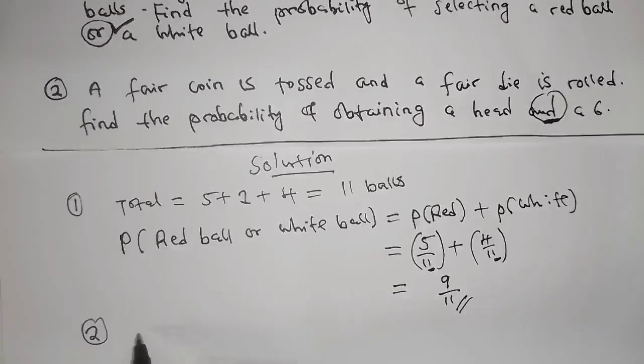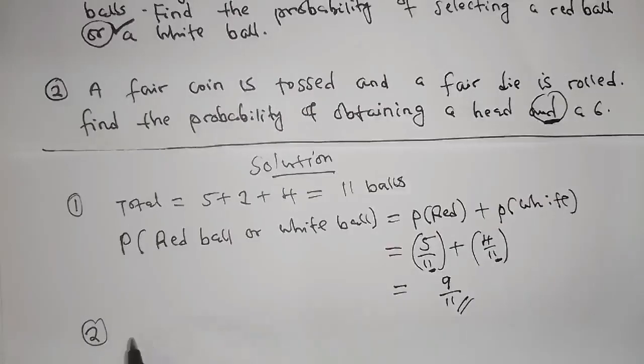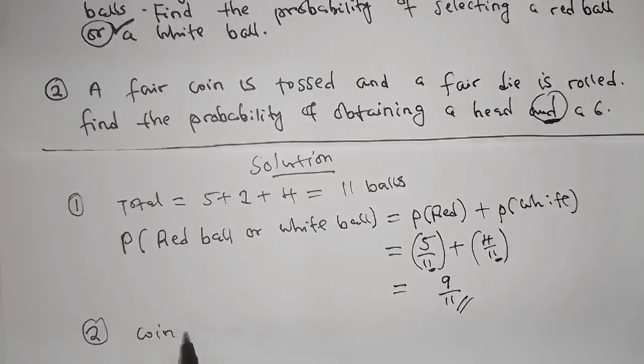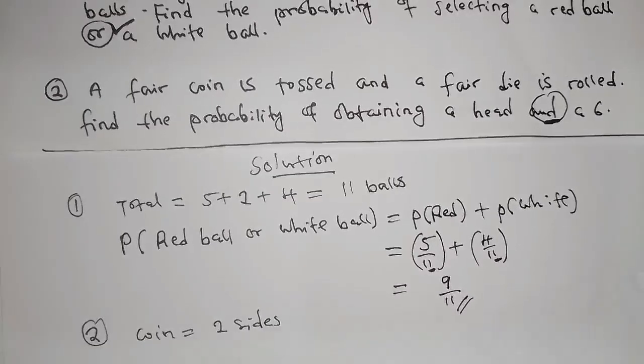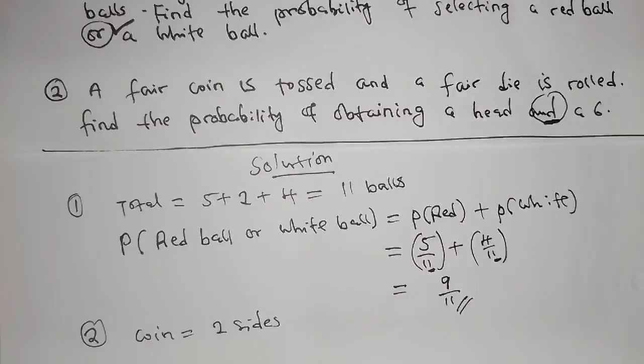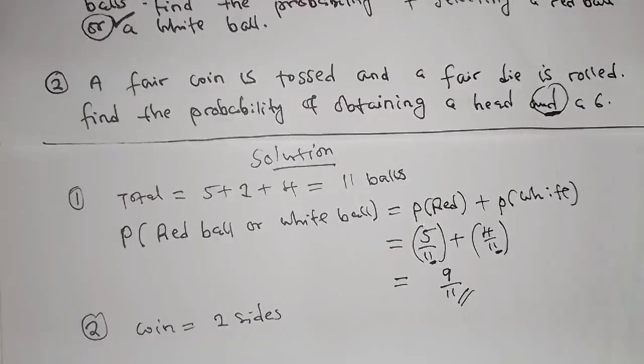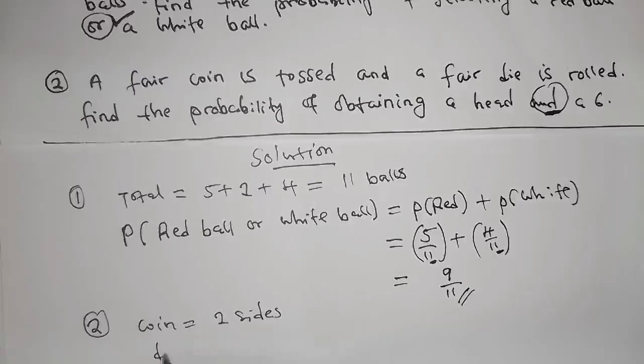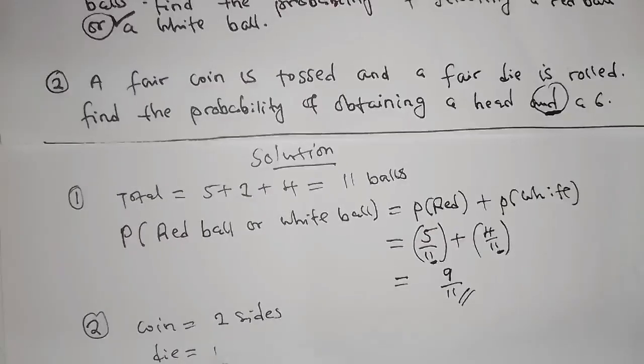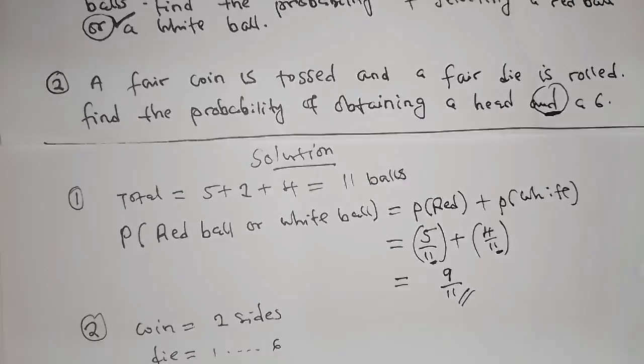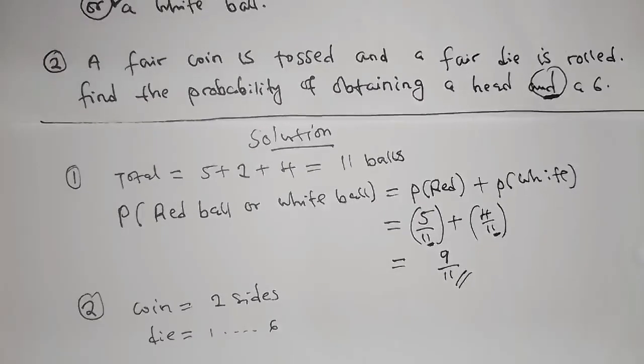The key concept there is that the coin has 2 sides, so it either lands on a tail or a head, and a die has faces that contain numbers 1 to 6, where each number only appears once.